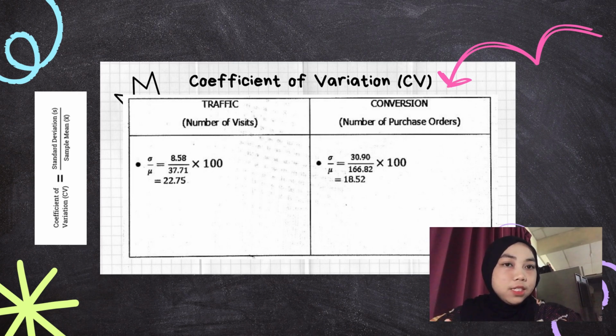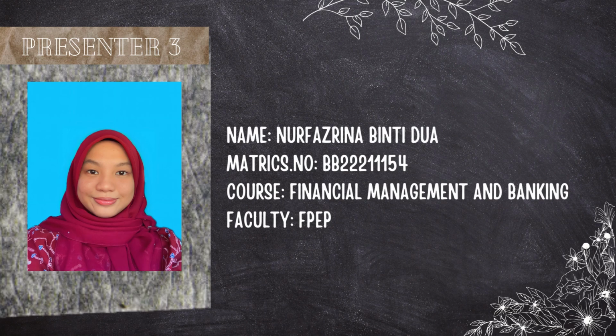However, the difference in the coefficient of variation between the two metrics is relatively small, indicating that both metrics have a similar level of dispersion relative to their respective means.